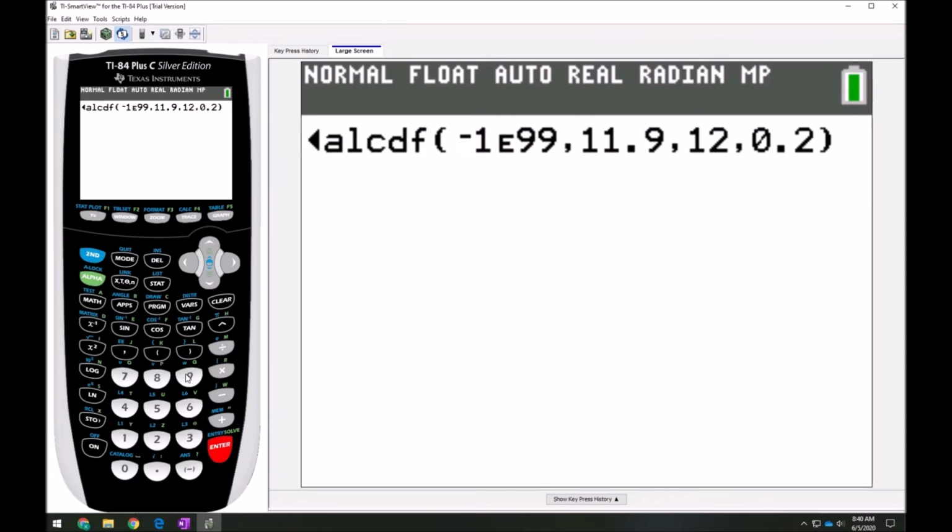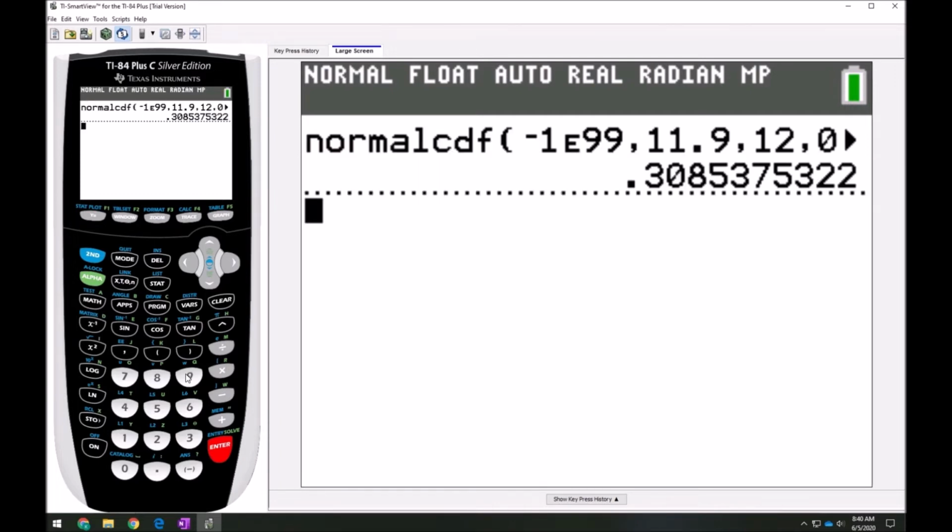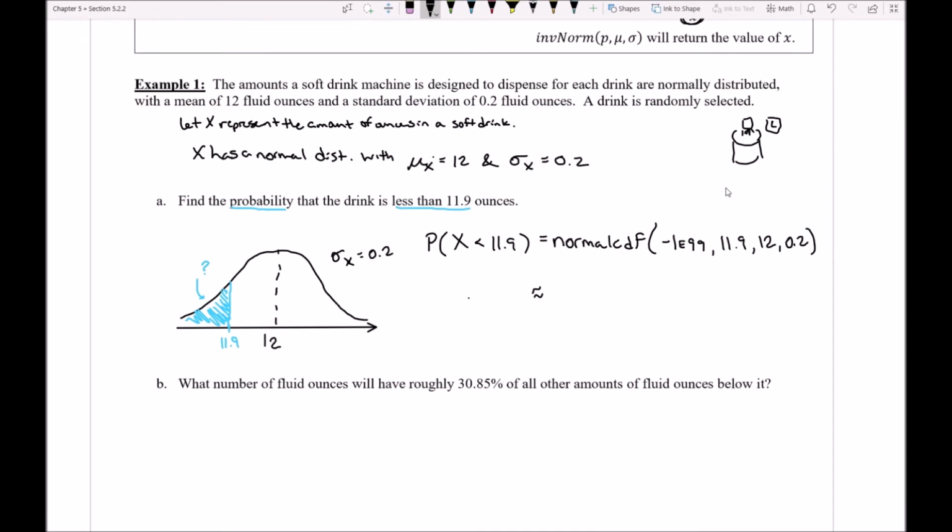And so this is what I have written down on the page, also what I have typed into the calculator. And I go ahead and hit enter. So I get 0.3085. So I'll go back here, and I have 0.3085. Okay, so keep in mind again, that is the amount of blue space.